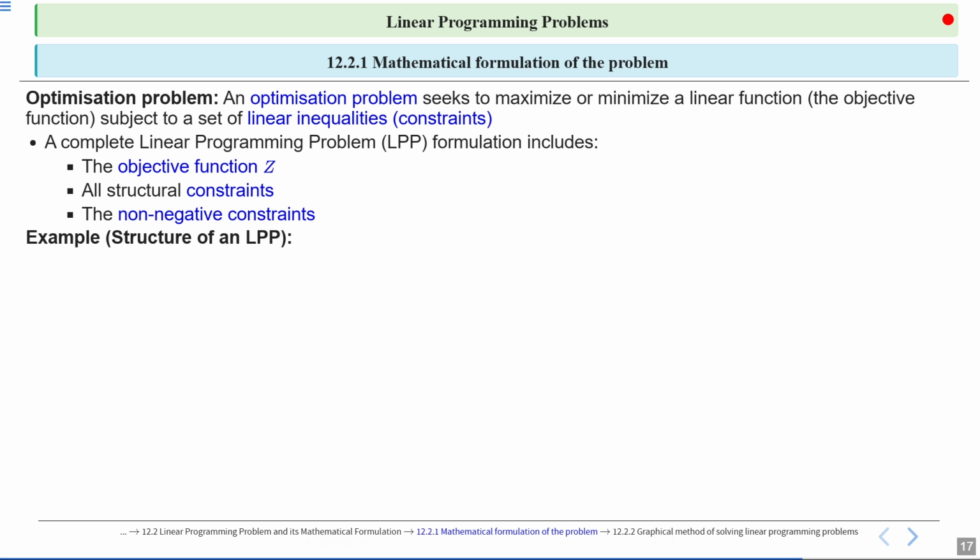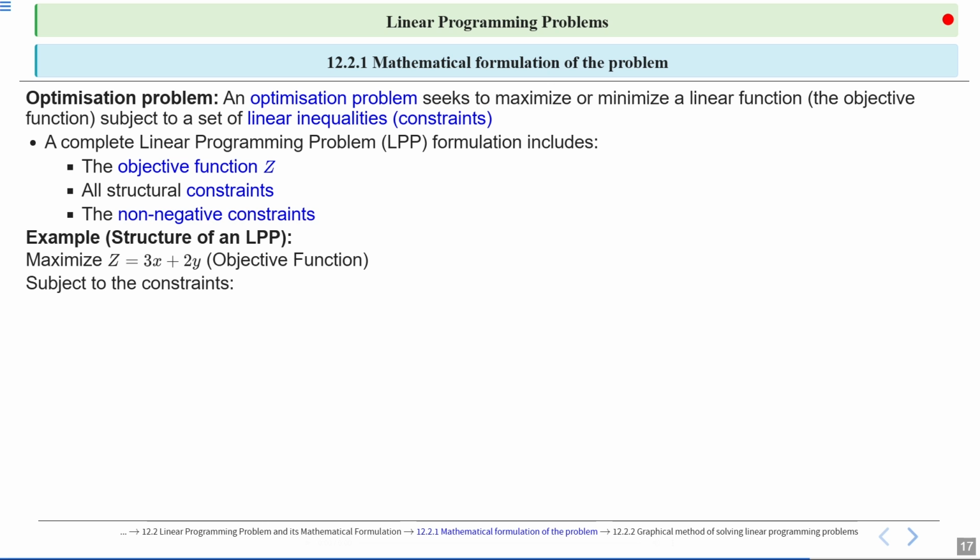So let's look at this example. In this example, we will discuss the structure of an LPP. So here we have to maximize z equals 3x plus 2y. Okay, so z equals 3x plus 2y. This is our objective function. So we have to maximize this objective function.